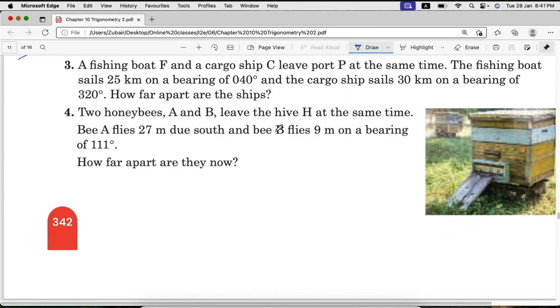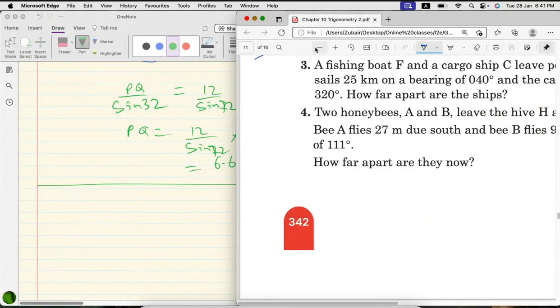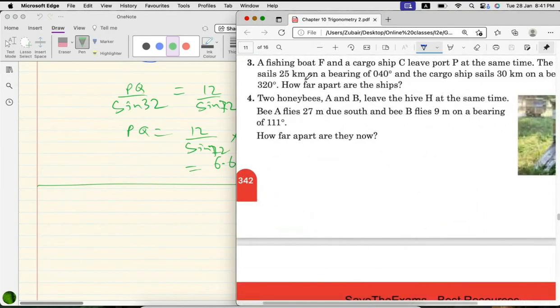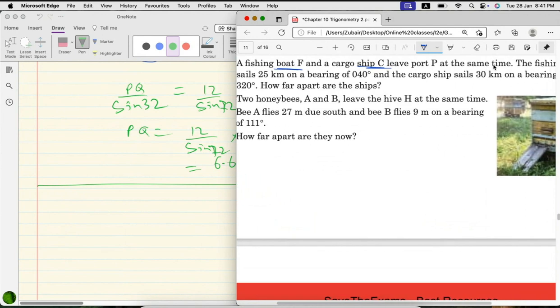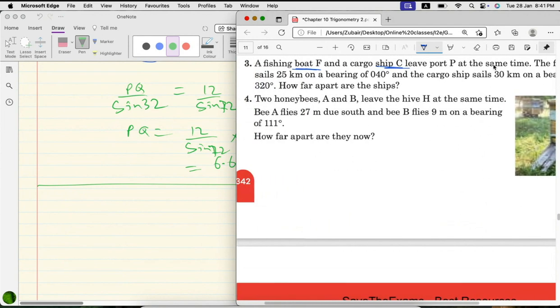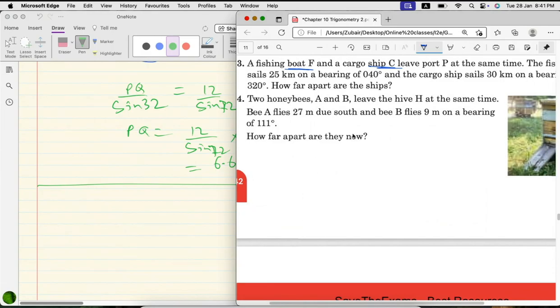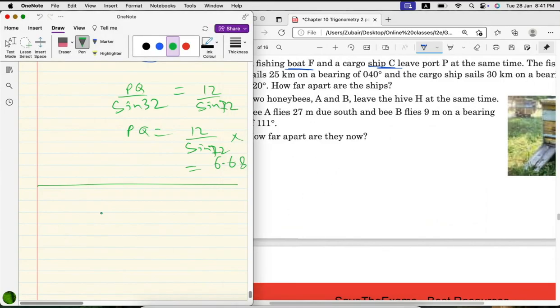Three, bearing. Let's do this together. Fishing boat F and cargo ship C leave the port P at the same time. The fishing boat sails 25 kilometers on a bearing of 40.